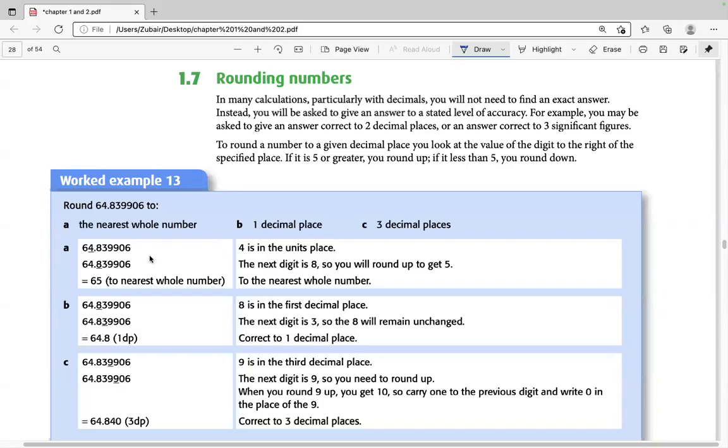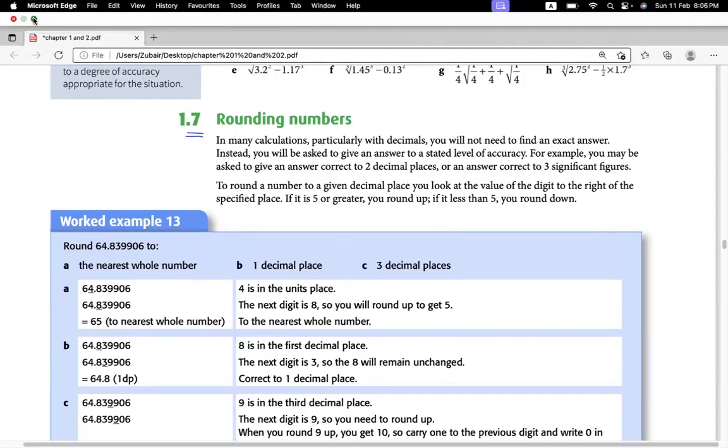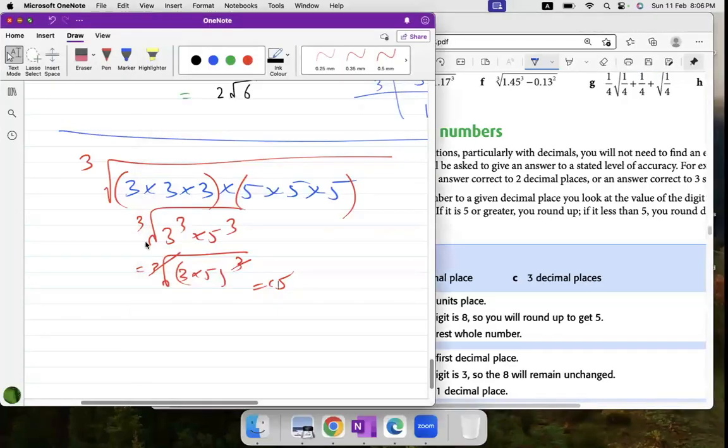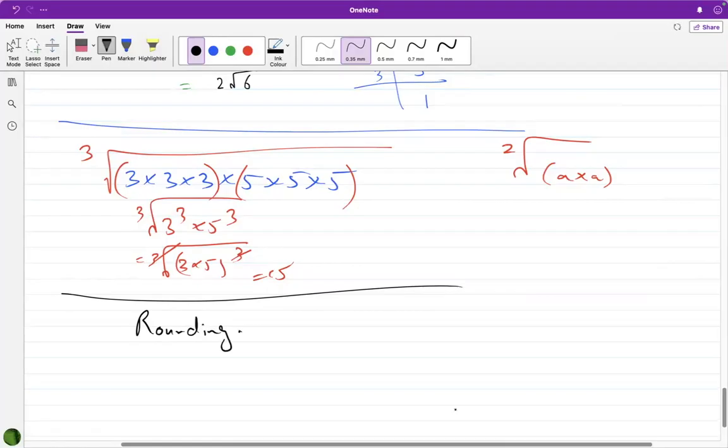For example, rounding up to the given degree of specified number, decimal places, or significant figures. Let's go through a few examples. For example, if we are talking about rounding, if I write 7.6, may I write that this is approximately equal to 8?